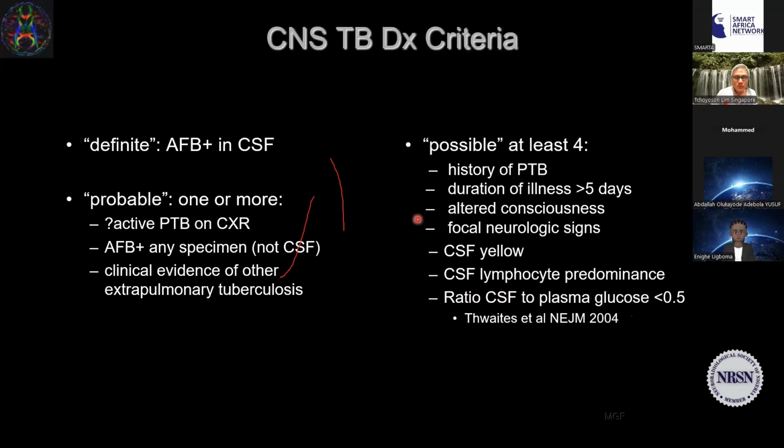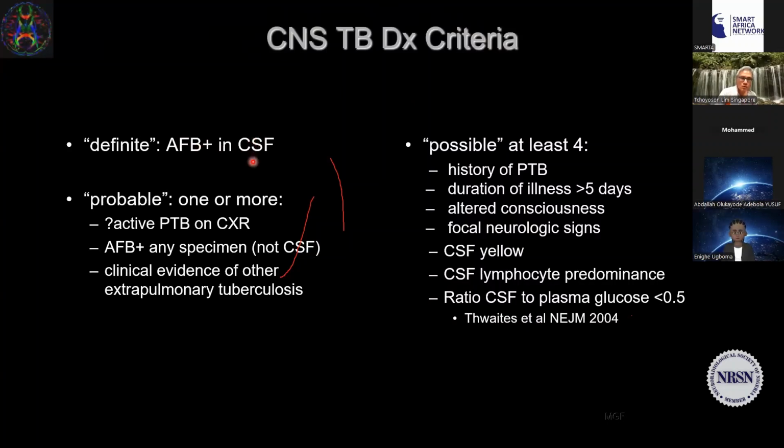So from toxo, I want to move on to CNS tuberculosis. Now, from the publication in the New England Journal in 2004, the diagnostic criteria for a patient who has meningitis to be considered TB meningitis: we have the possibility of definite TB meningitis if we detect acid-fast bacilli in CSF.